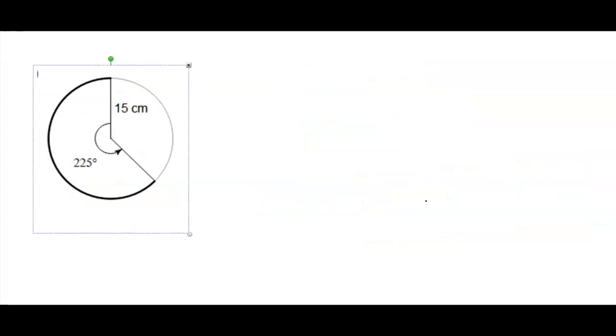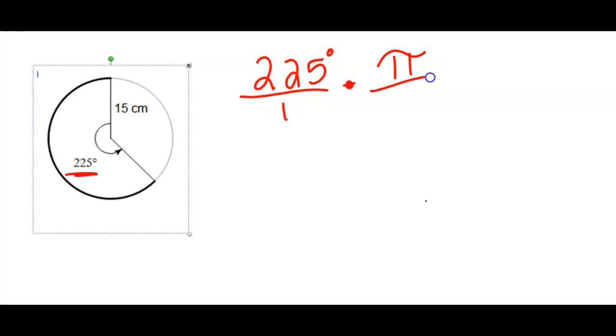For our second example, as you're looking at this, you first want to check, make sure this is in radians. That's the most common mistake I see students make on this. They just go ahead and multiply these two things together. But you have to make sure you first put your angle in radians. So we have our 225 degrees. We want to convert that. So we want to multiply it by pi over 180. So this gives us 5 pi over 4.